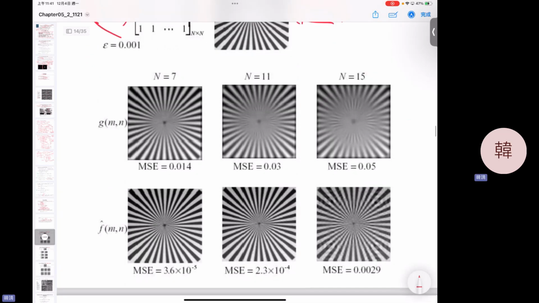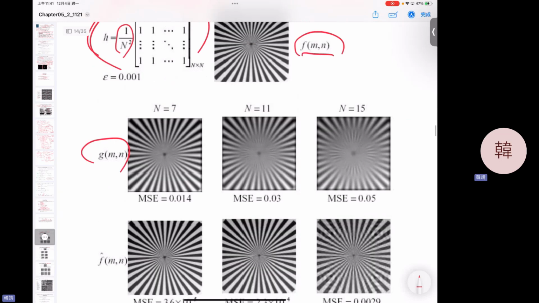Let's see the result. This is g(m,n) with this degradation, for different sizes of the degradation mask: N equal to 7, N equal to 11, and N equal to 15, that is, a 15 by 15 mask.